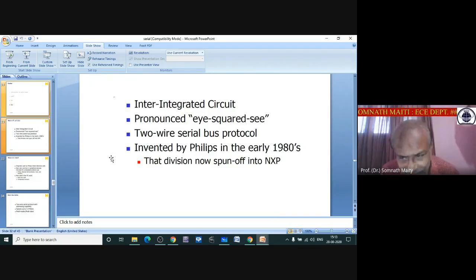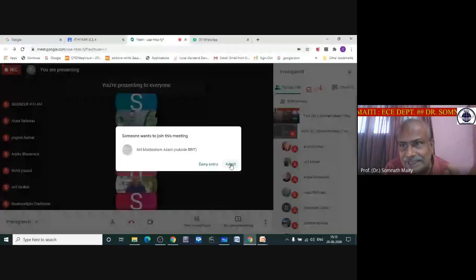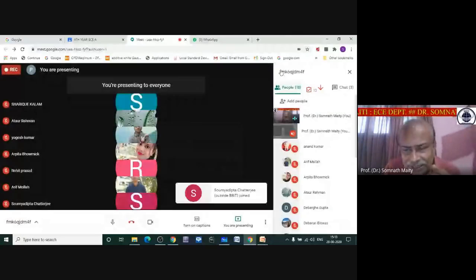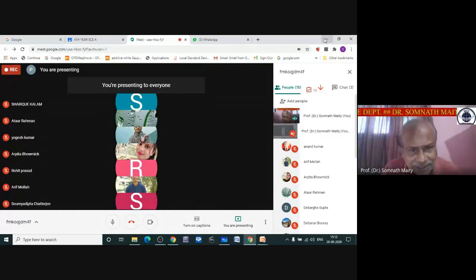Inter means we have different number of chips, they are interconnected. Inter-chip, inter-integrated chip. So they communicate between more than one integrated circuits. These may be memory, peripherals, or microcontrollers.